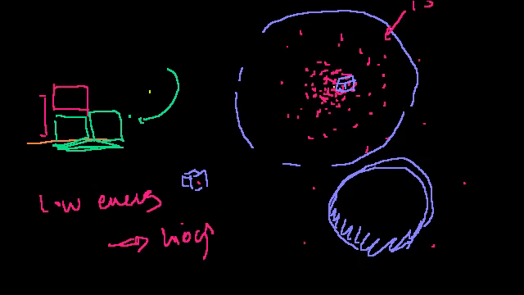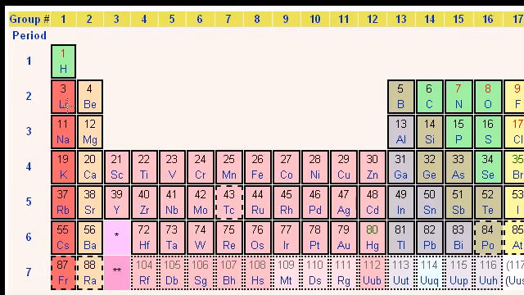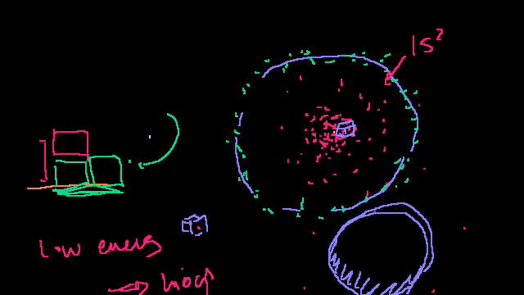Now if I were to plot the 2s orbital on top of this one, it would look something like this, where I have a high probability of finding the electrons in this shell that's essentially around the 1s orbital. Right now, if I'm dealing with lithium, I only have 1 extra electron, so this might be where I observed that extra electron.